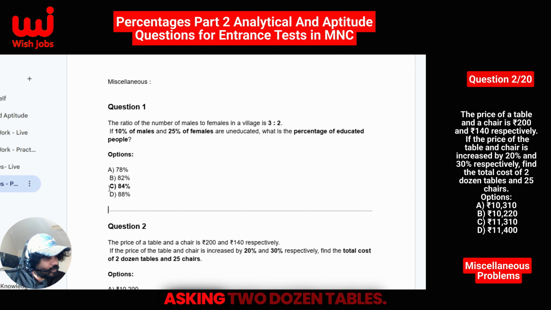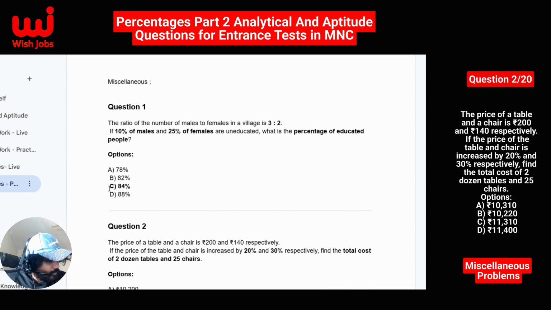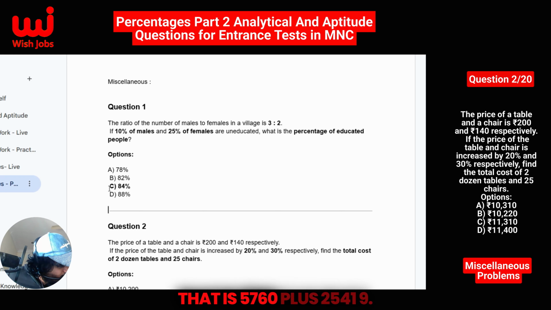Okay, so you're just asking 2 dozen tables. 2 into 12 into 240 plus 25 into 182. So 24 times 240 is 5760, plus 25 times 182 is 4550, right?